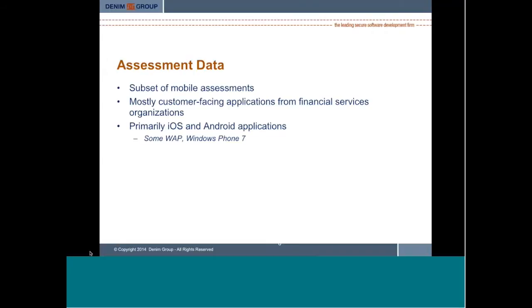These are mostly customer-facing applications from different organizations in the financial services space. Also, it's predominantly iOS and Android applications. There's a WAP application or two, a Windows Phone application or two, as well as some BlackBerry applications. But primarily iOS and Android.